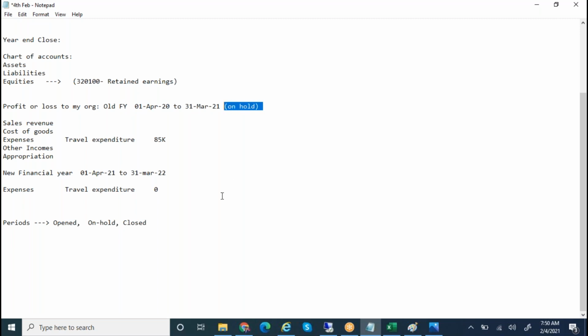The reason behind it: you are doing the year-end process, and some other people are doing transactions. D365 is a cloud environment, and many people across the world are using it. If you make it on hold, it will create problems for them if they are posting transactions. That is the reason this condition is removed in D365. Whether it is open or on hold, you can proceed to run this process. Simple button.